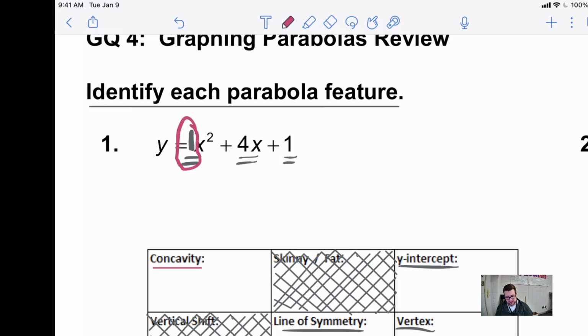We can see that a is positive, and whenever this is a positive value, that means we are concave up. So we can put up because a is positive. If a would have been a negative number, then we would have said concave down.